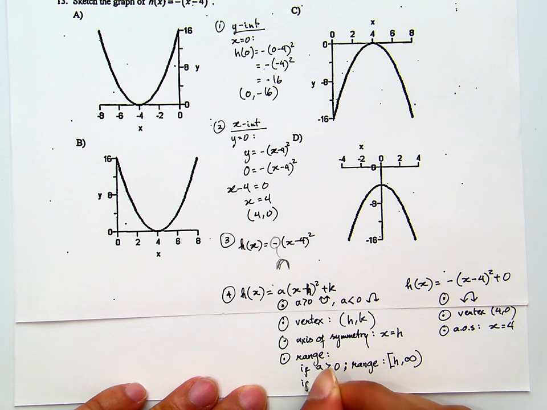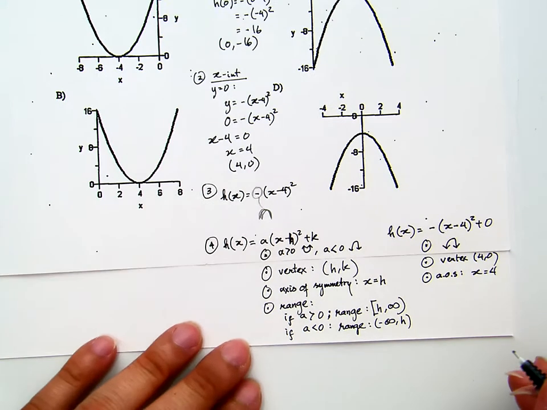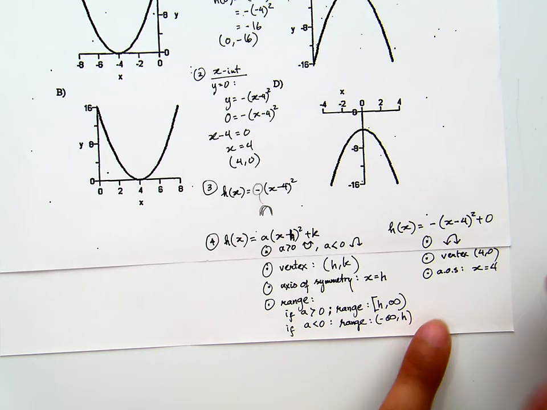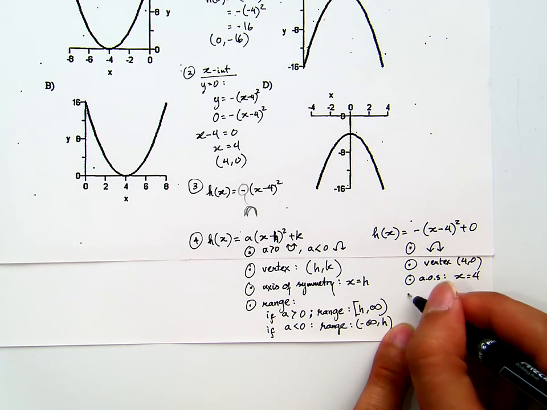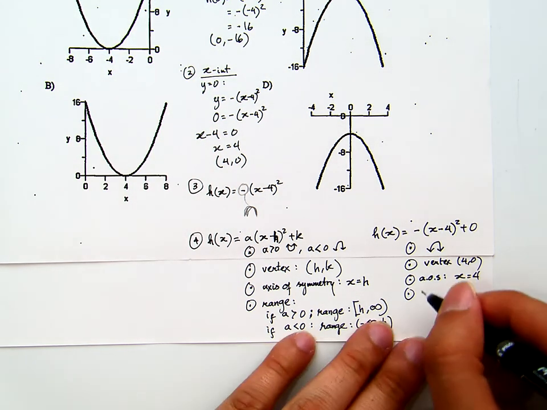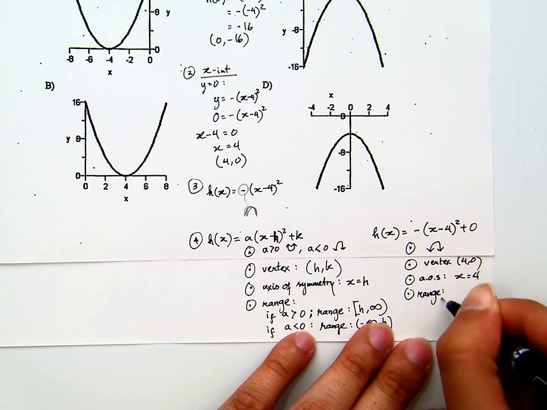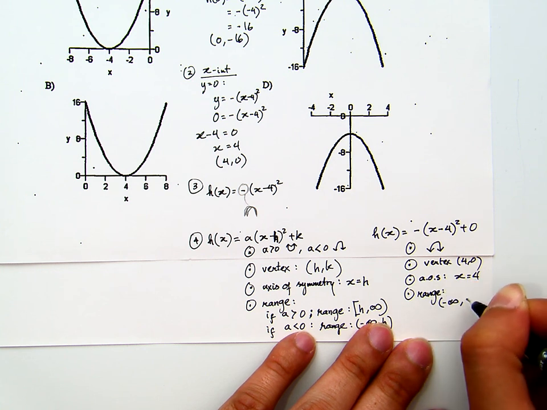But if a is negative, then the range will be from negative infinity to k. In this question, we see that it will be upside down, then the range will be from negative infinity up to 0.